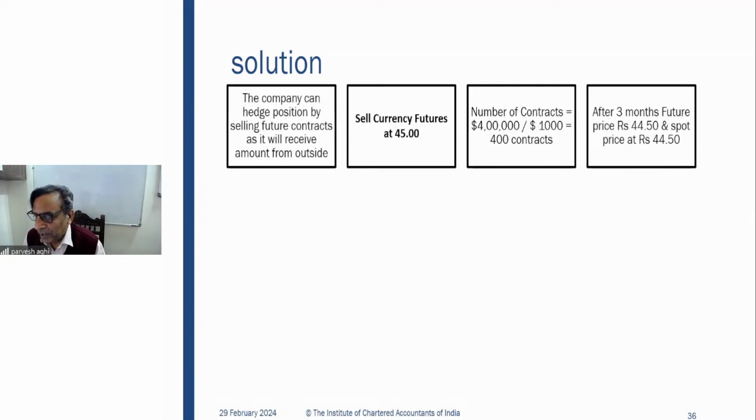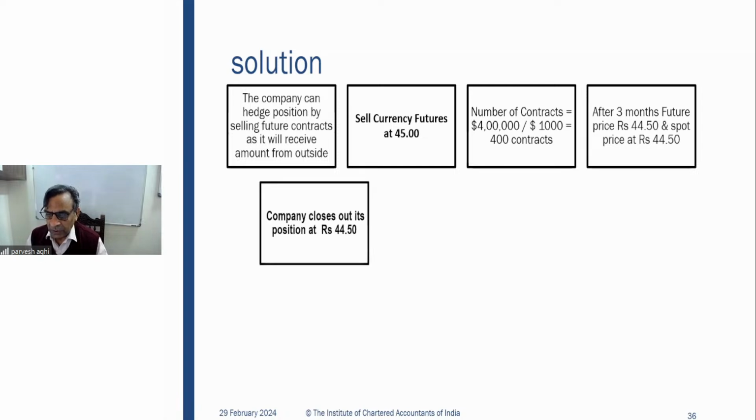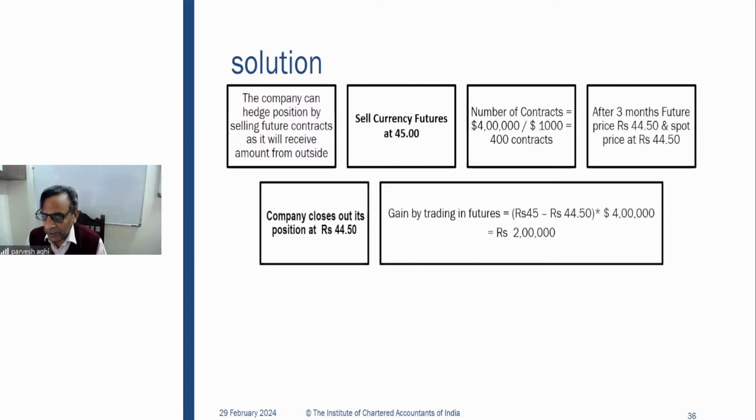After 3 months, the futures price is 44.50 and the spot price is 44.50, the same price. That means the company closes out its position at 44.50. So what is the gain? They sold currency futures at 45, and in the market it got closed at 44.50. This was the spot rate on that day.